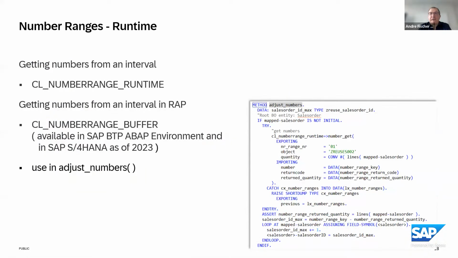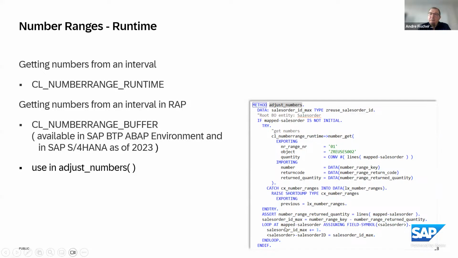How can we work with that? There is again a released class, number range runtime, and that allows us to get numbers from a number range from an existing interval here, right? So the interval number 1 and the number range object zreuse002, and then I can retrieve a certain amount of numbers, and I would then get this number of sales orders.